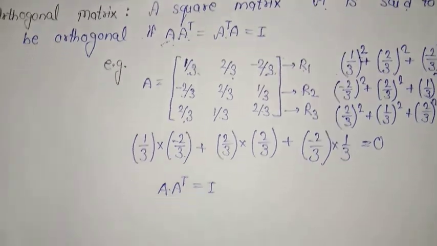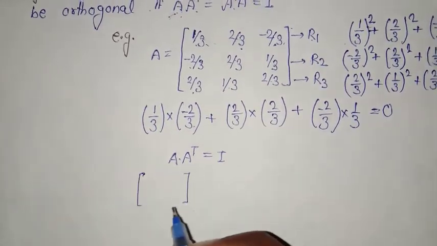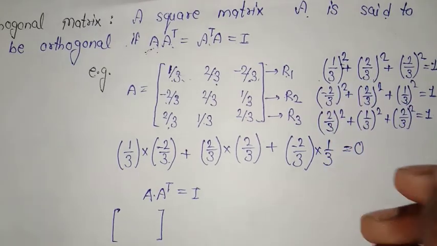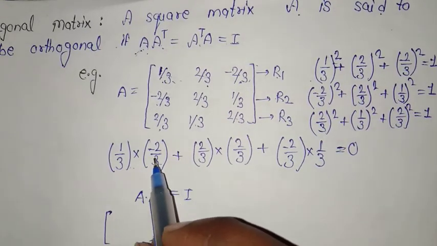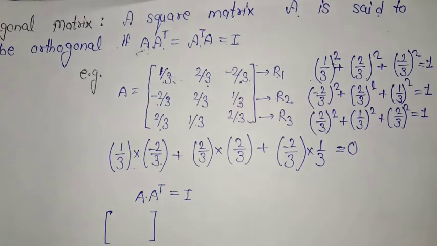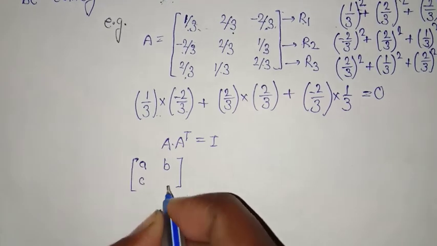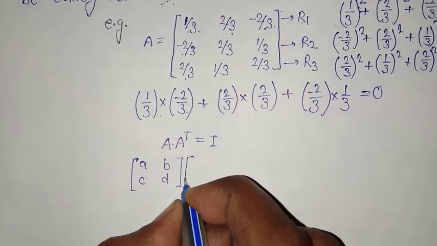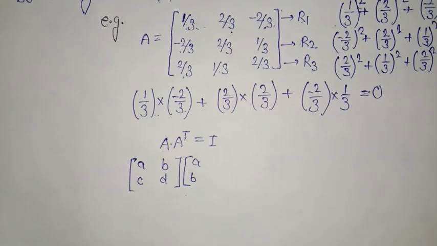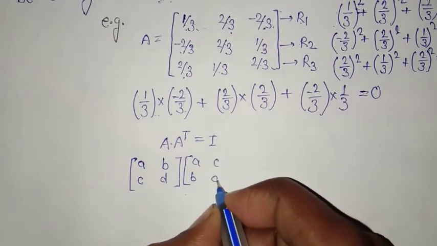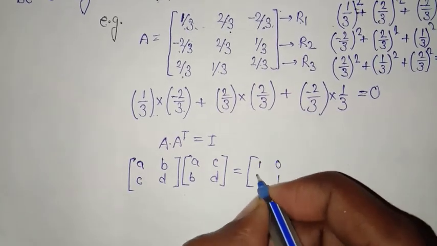So let's take a square matrix of order 2 and prove that the sum of squares of each row element is 1 and the sum of products of corresponding row elements is 0. Let [A, B; C, D] be a 2 cross 2 matrix. Take its transpose, so the rows become columns and the columns become rows. This becomes [A, C; B, D]. And that equals the 2 cross 2 identity matrix.